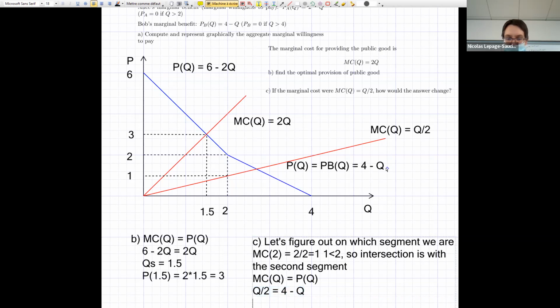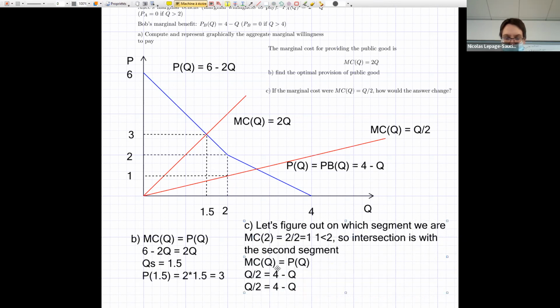So I find that. Let's multiply everything by 2, so I get Q, 8 minus 2Q. So 3Q equals 8, so Q equals 8 divided by 3. Oh, that's a nasty number. Let's leave it that way.